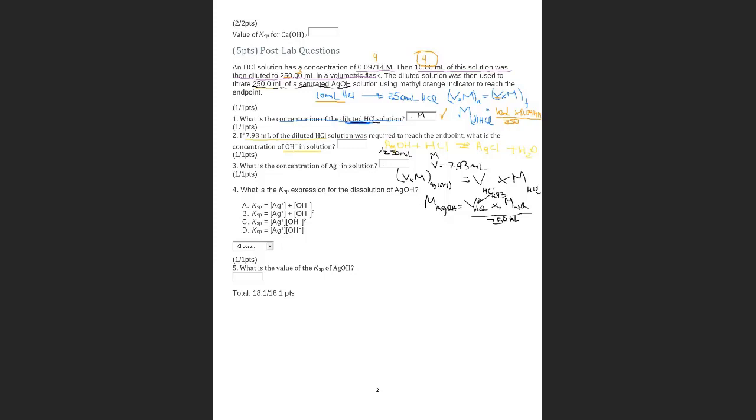Any questions here? Again, it's the same thing, always. Because this is 1-to-1, I'm using this equation. This is one hydroxide with one acid.